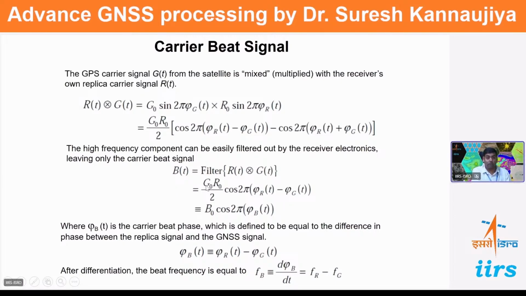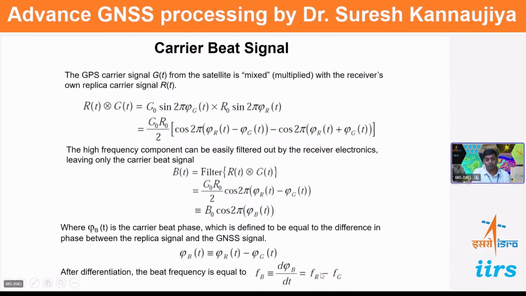Okay, so after filtering, only this remains. Once we filter, this is the final equation, also called phi b t. This beat frequency fb will be equivalent to the differentiation of phi b upon dt.